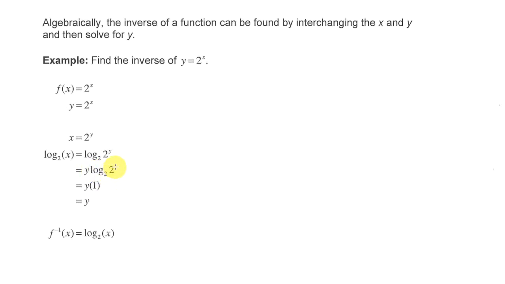So that's why I chose log base 2. So I take log base 2 of both sides, so I've got log base 2 of x equals y. So finally, the inverse of f of x is log base 2 of x. Remember that f to the power of negative 1 of x just means the inverse of f of x.